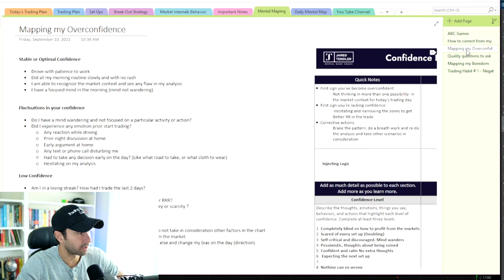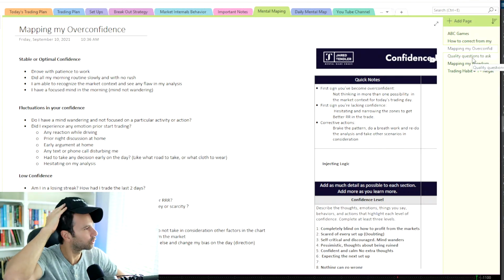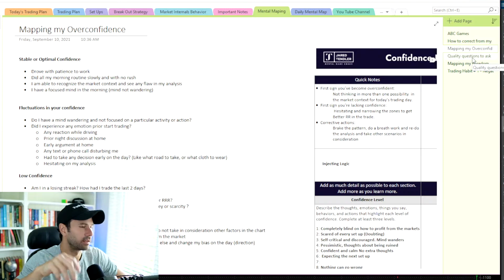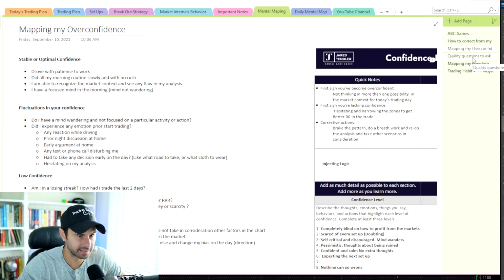Mapping your overconfidence is one of the things, because when you get to a trading strategy that is profitable, right, you might start to become overconfident, and that happened to me. I created this strategy, right? And I was feeling like I could win every trade. Like, that's it, I nailed it.